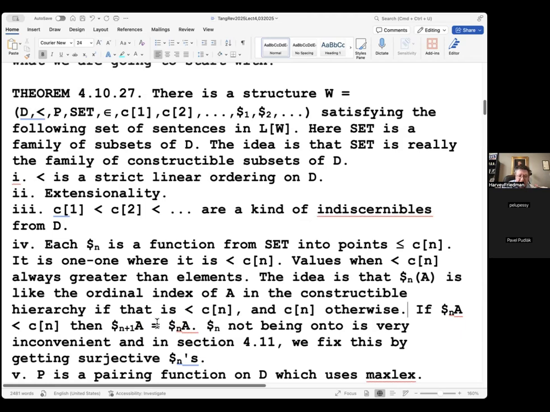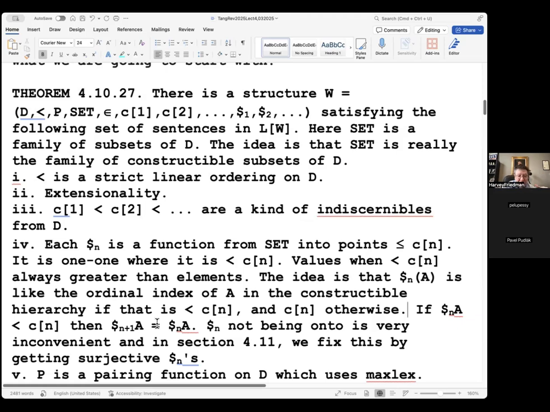That is, $n plus 1 of A less than C of n plus 1 covers more sets than $n of A being less than Cn. $n not being onto is very inconvenient.